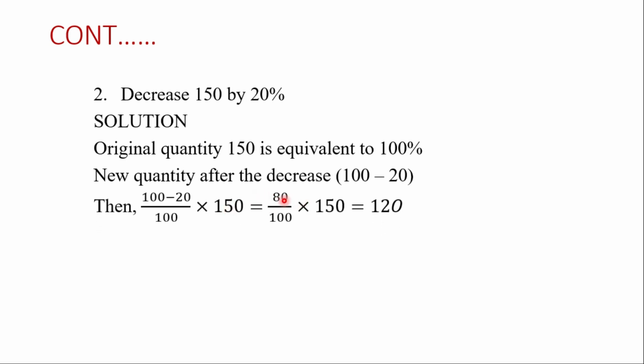And this 80 is divided by 100 and multiplied by 150. So the quantity is multiplied by 100 minus 20 over 100. Multiplying by that, your result is going to be 120. Sorry, it's not in Ghana cedis, the quantity does not have a unit, so 120.